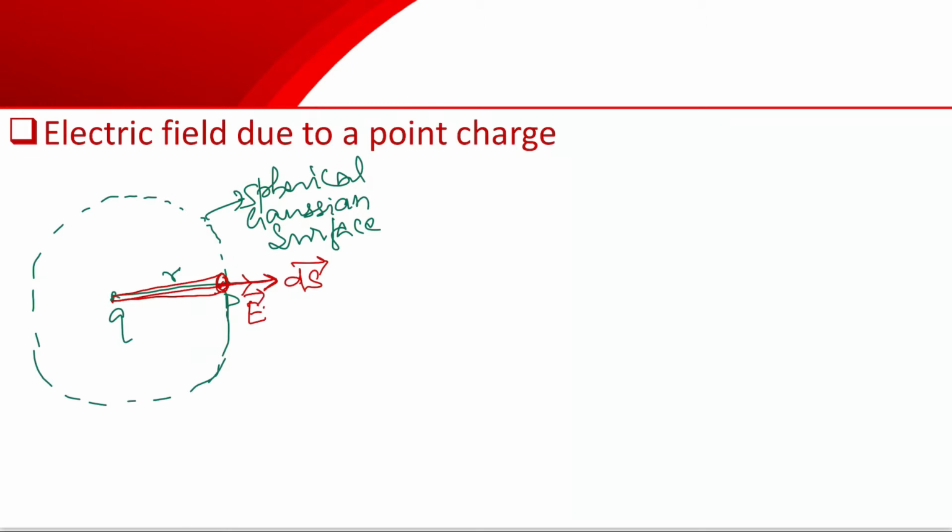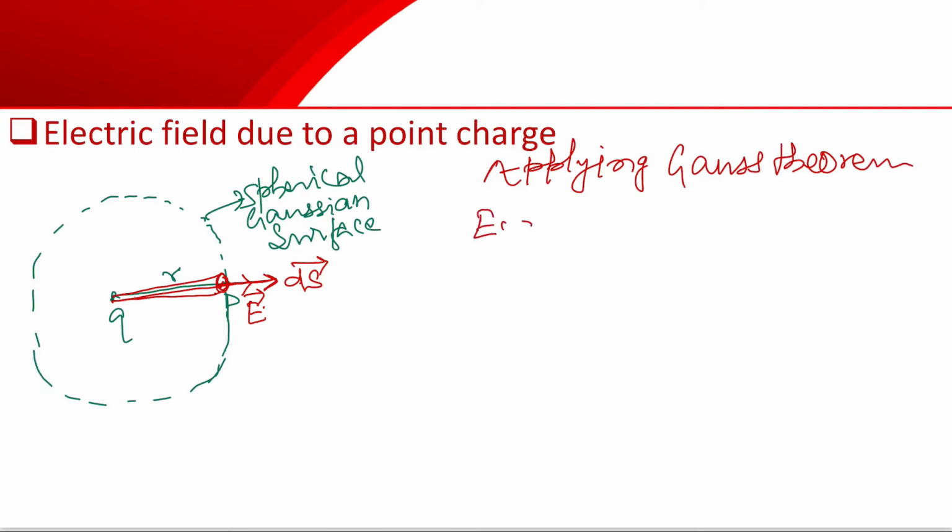Now if we apply Gauss theorem, the closed integral of E dot ds will be equal to Q inside upon epsilon naught, where Q inside is the charge enclosed inside the Gaussian surface.